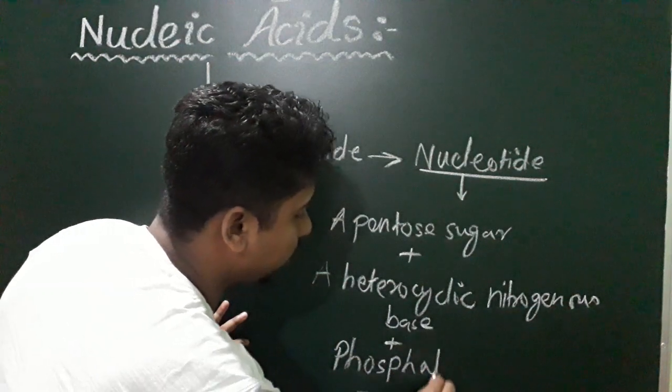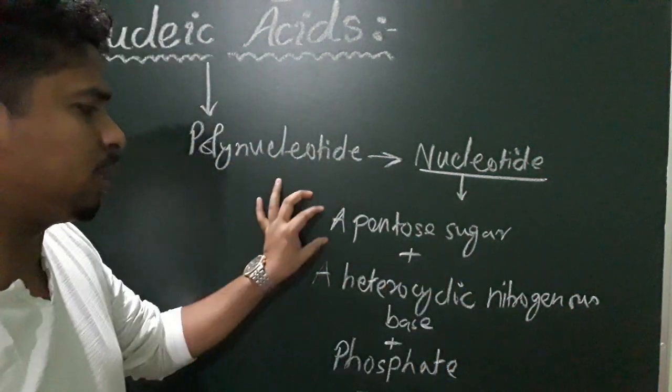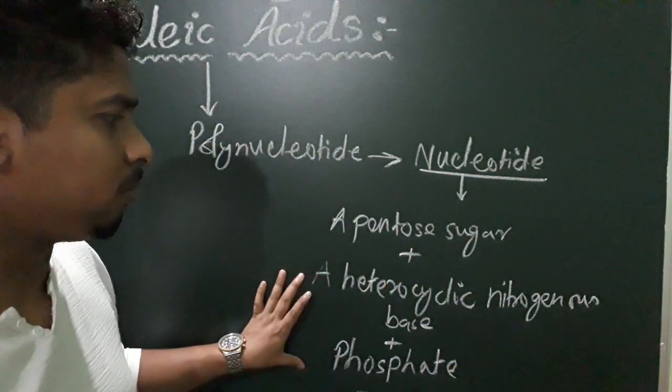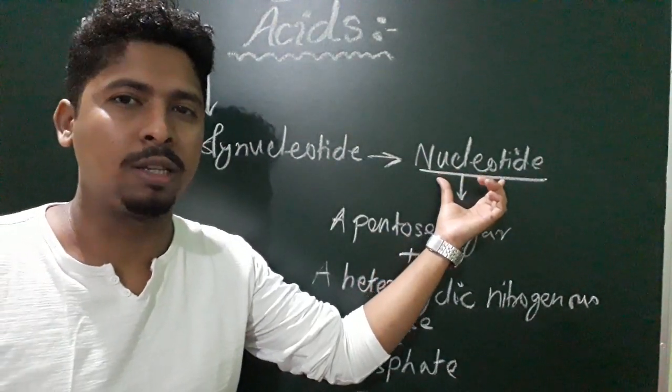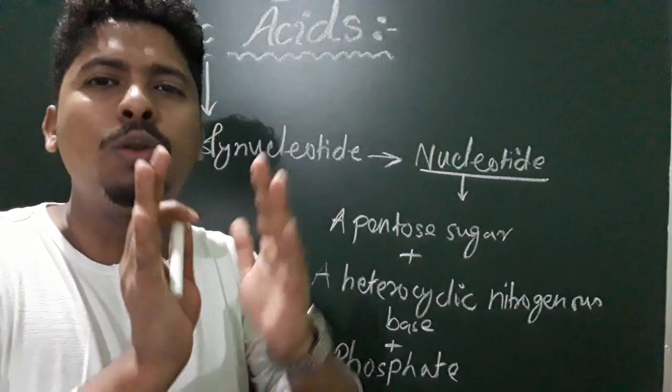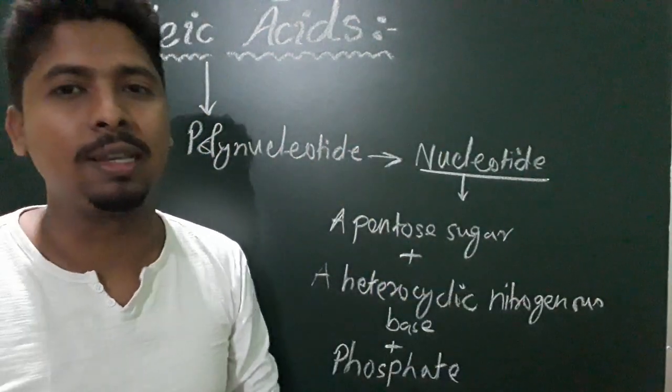These three components combined are called a nucleotide, and a large number of nucleotide molecules combine to give rise to nucleic acid.